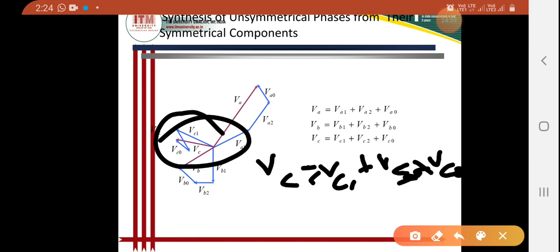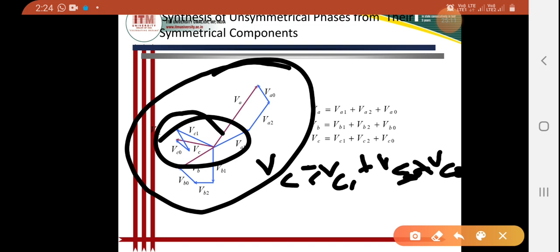In this way you can synthesize the set of three unbalanced phasors from the three sets of symmetrical components. From this figure it is easily understandable, and it is drawn in parallel with the individual symmetrical components we drew in our previous slides.